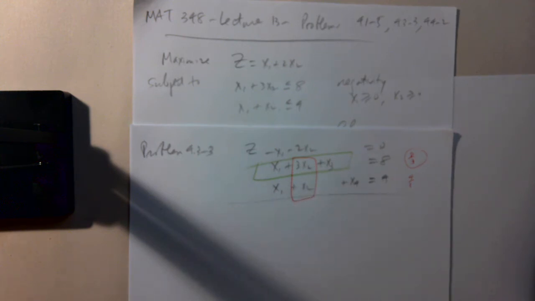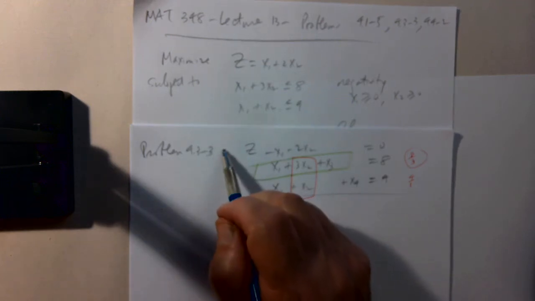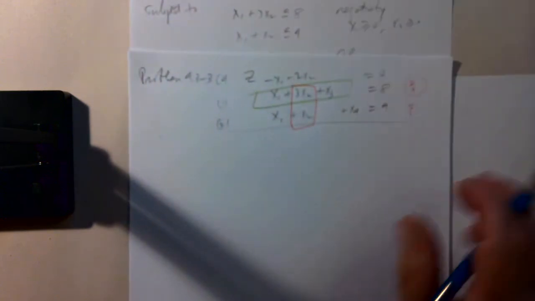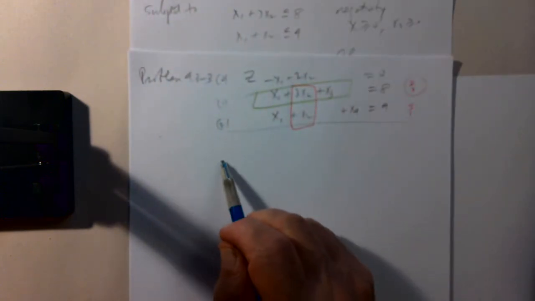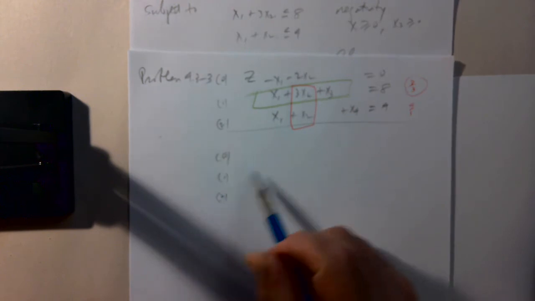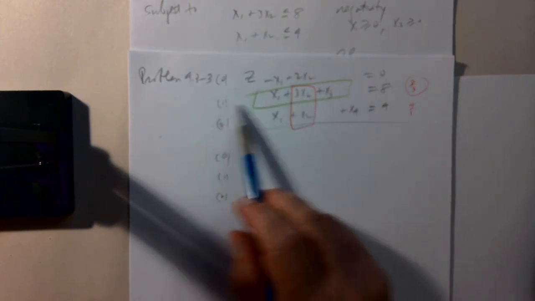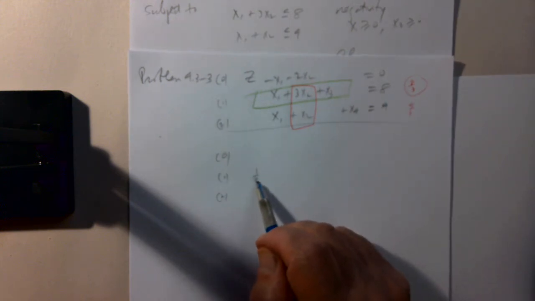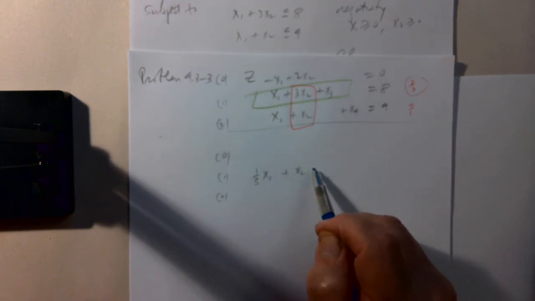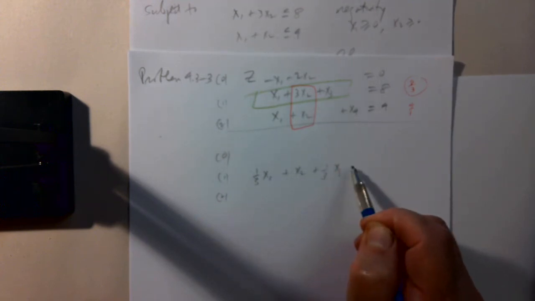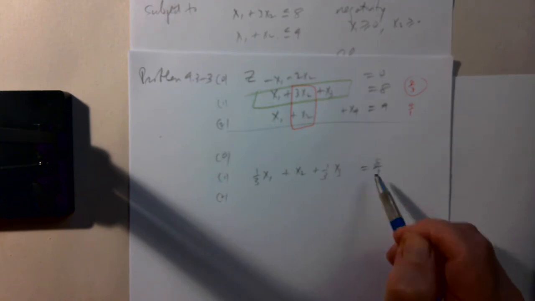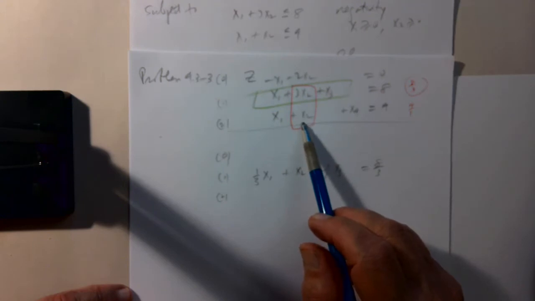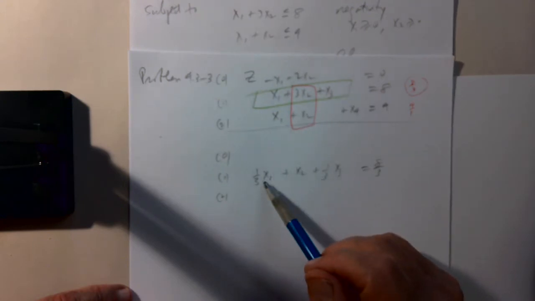So we can think of this as equation 0, 1, and 2. I want this to be a 1, so I can multiply this whole equation by a third. I get a third x1 plus x2 plus a third x3 equals 8/3. I want this to be a 0, so I can take this equation minus this equation.